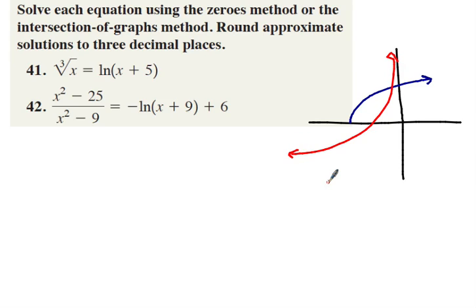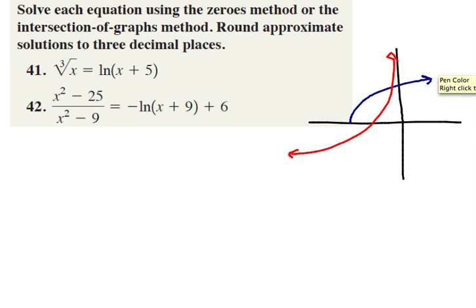Let's say we have two weird looking curves that we know how to graph each of them individually, but if we were to combine them together, it's going to turn into a really weird, complicated thing. We have no idea what it looks like. We can plug these into the calculator as two separate equations.